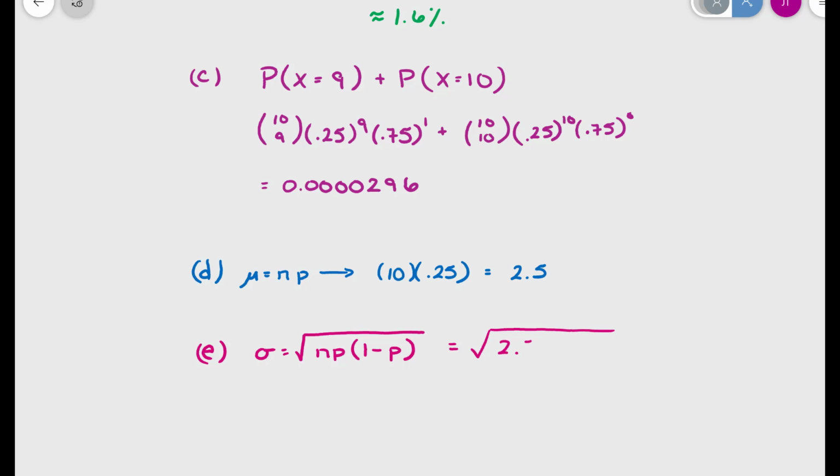So we get 2.5 times 1 minus the probability of success. And we're going to take the square root of that after we simplify everything. So it's 2.5 times 0.75. Take the square root, and we get 1.37 approximately. So I had to do rounding. So the standard deviation is approximately 1.37.